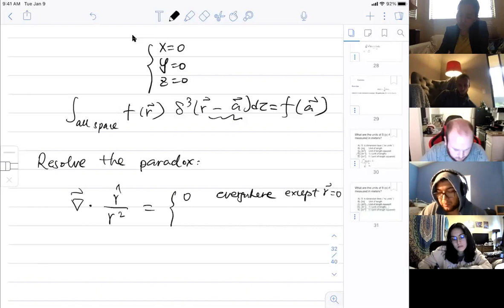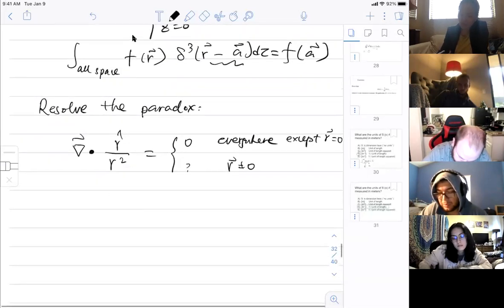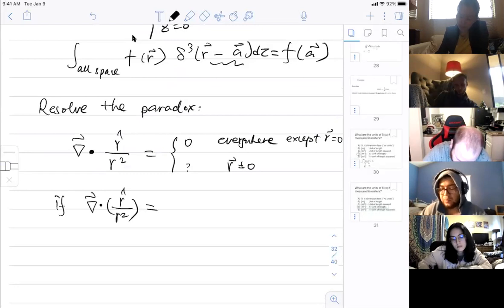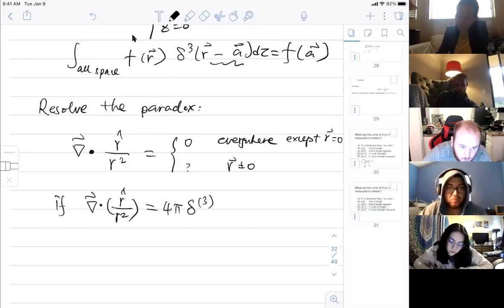And the divergence of this is probably not 0 at r equals 0. So if we use a delta function times a constant to represent this divergence, you can see this paradox actually get resolved beautifully.